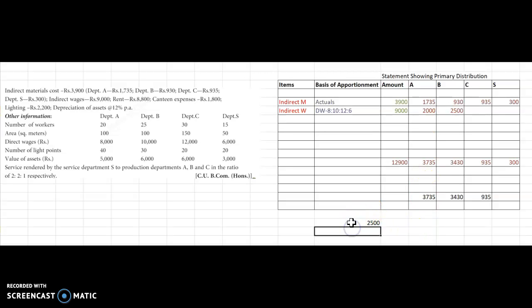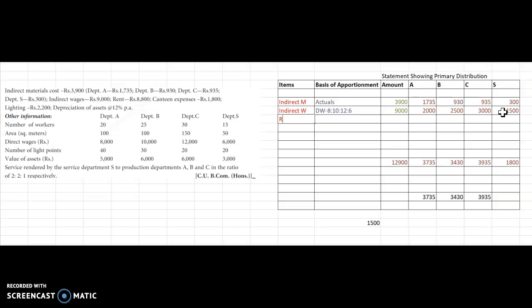Then we have 12 by 36 into 9,000. So that is 3,000. And lastly, you have 6 by 36, which is 1,500. Okay. So we are done with indirect wages.